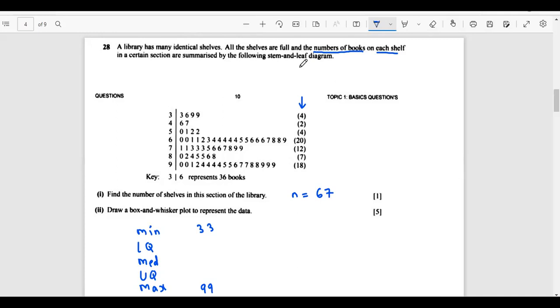We do n plus 1 divided by 2. What is your n? Whatever the n is, add 1 divided by 2, you will get a number. Look for that term and then just find the median. It's the third, fourth value. Yes, which is 73. Very good. Yes, Munja and Ashal, very good. It is 73, okay? The median would be 73.